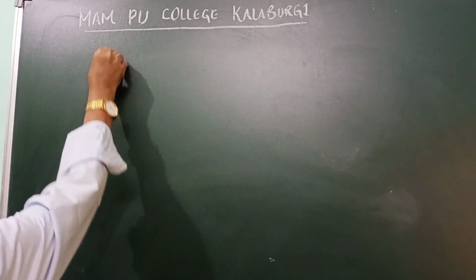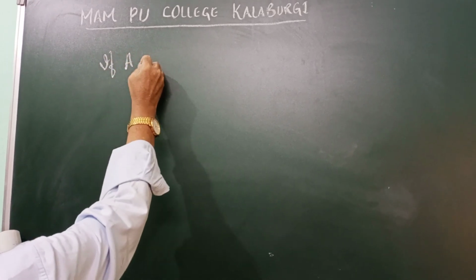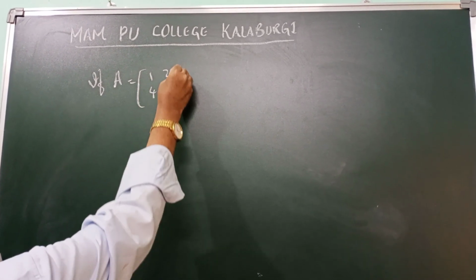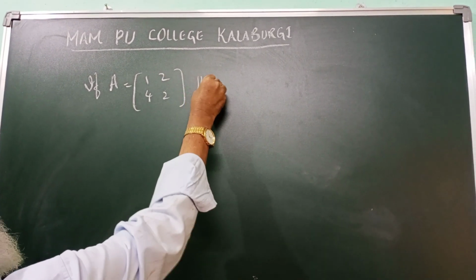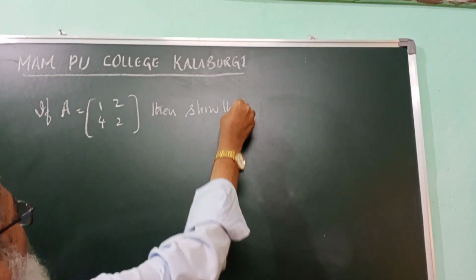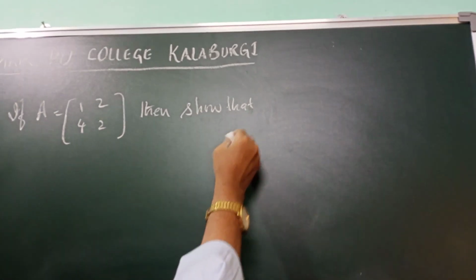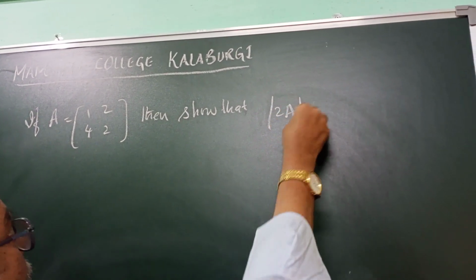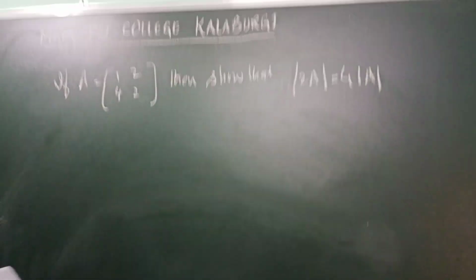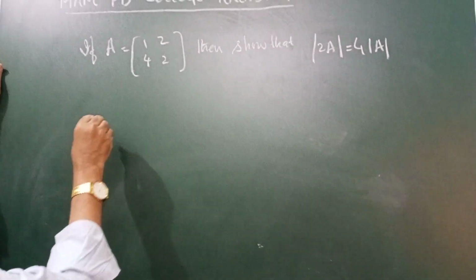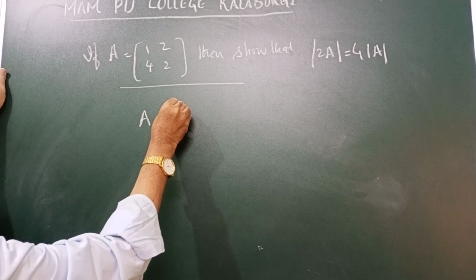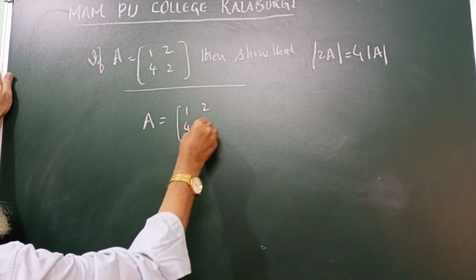If A is equal to 1 2 4 2, then show that determinant of 2A is equal to 4 into determinant of A. First, let us write down this matrix A. Matrix A is equal to 1 2 4 2.